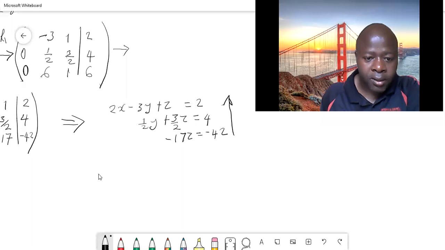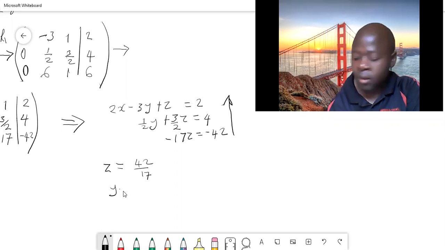So when that happens, the equation at the bottom means that z equals 42 over 17. Substituting here 42 over 17, we would find y to be 10 over 17.